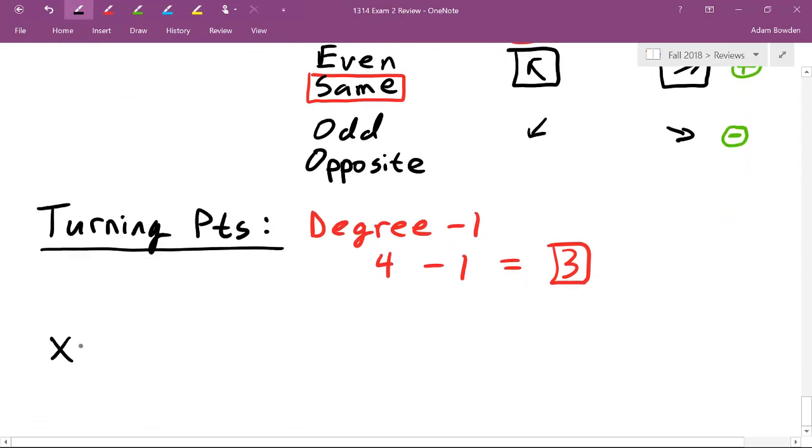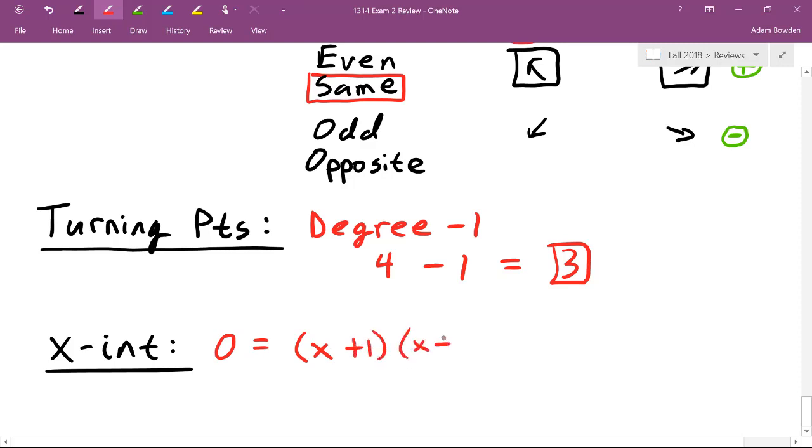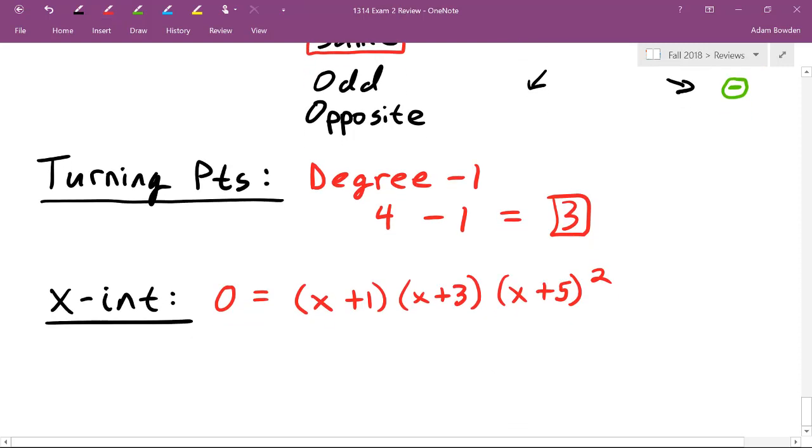And now we're going to find the x-intercepts. That means we set the whole thing equal to 0 and solve for x. Since this one's already been factored, we can just take each one of our factors and set each of these factors equal to 0 and solve for x.